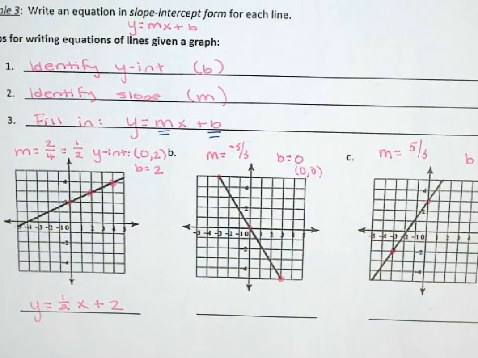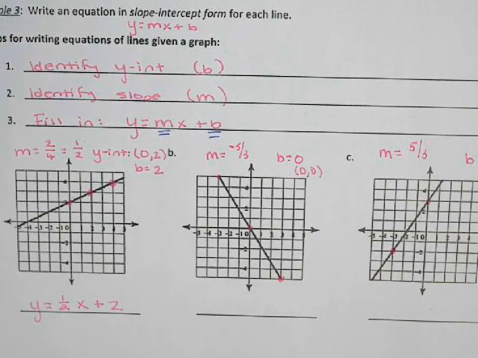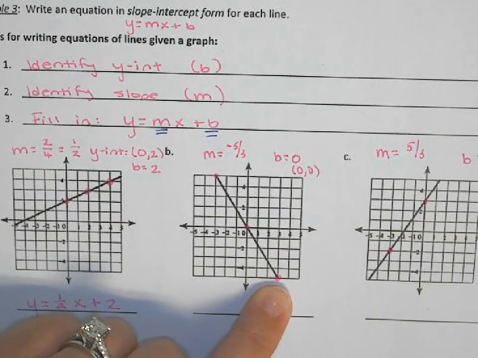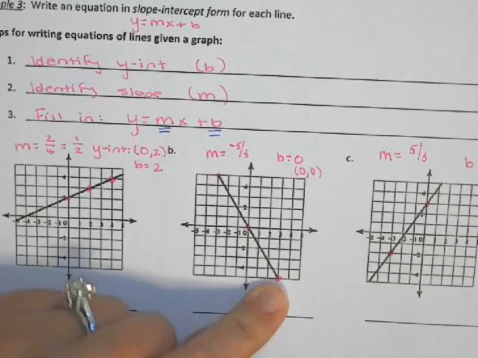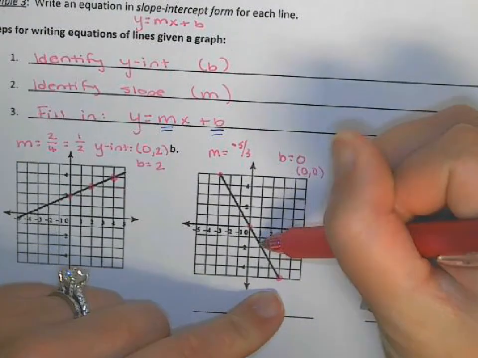So for B, I found that the b value was 0 because the y-intercept is at (0, 0). And I found my slope to be -5/3. Give me a 1 through 5, I got those. Okay. The ends were actually right on the points. If you look, this was not quite at -2.